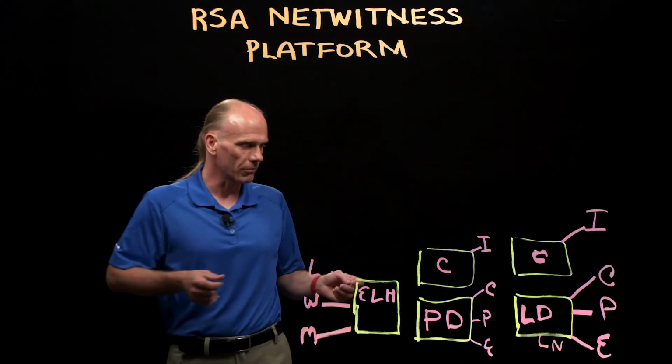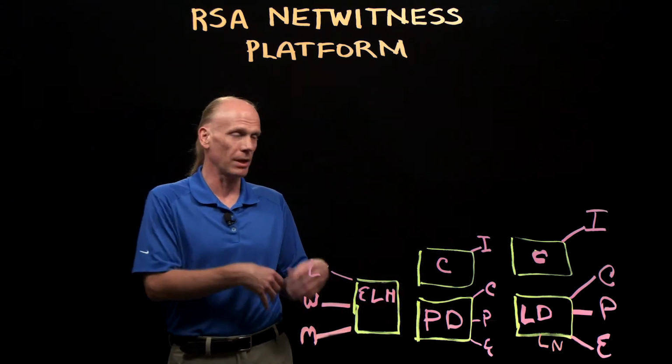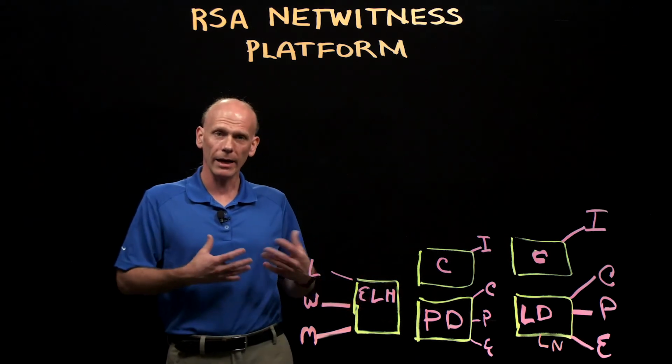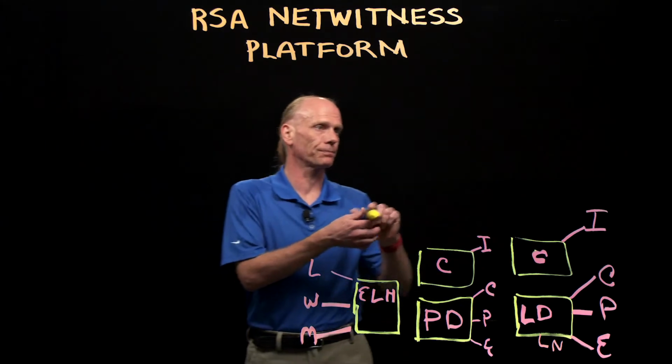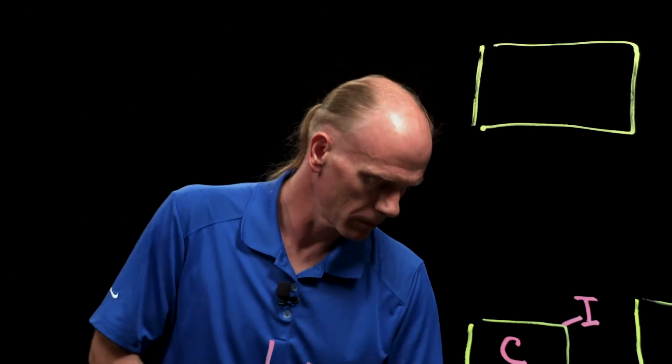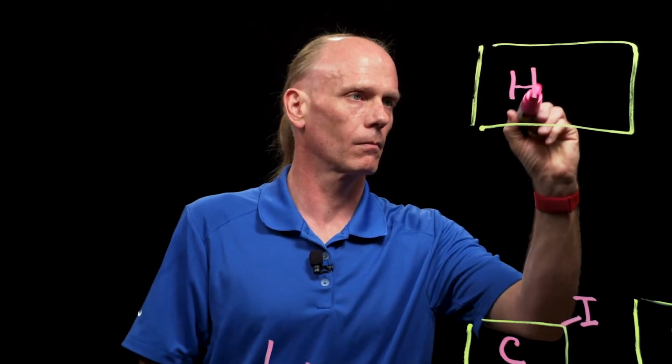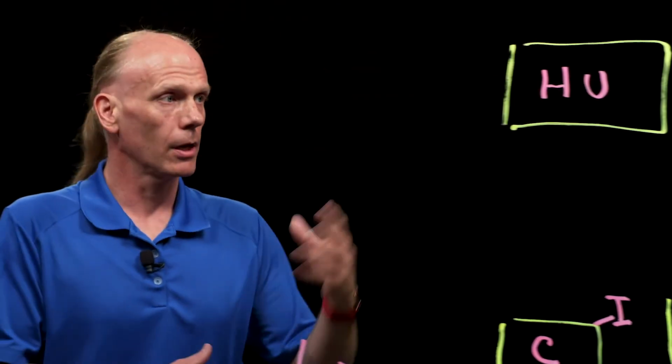Once I have all of this data coming into the system, being indexed for fast retrieval, I need to be able to actually take a look at it. The way I do that is by using my hedge unit system. The hedge unit allows me to look into any one of these data points, or a combination of them.